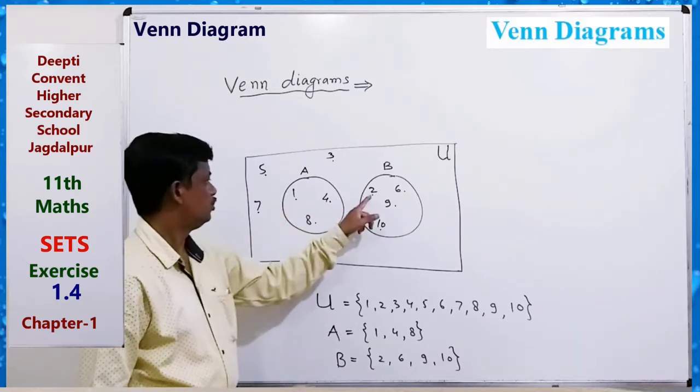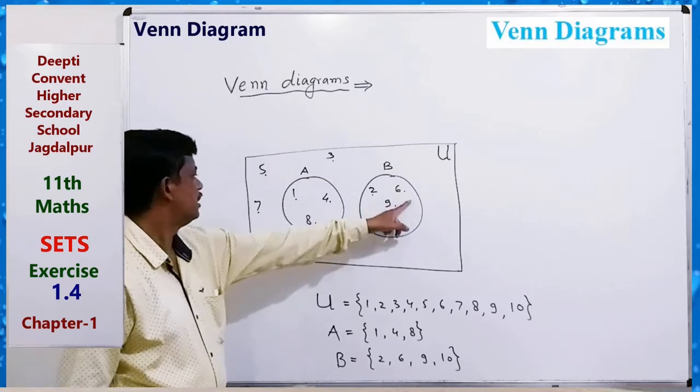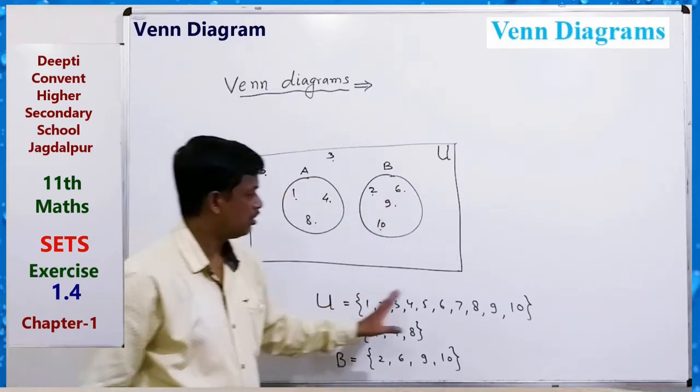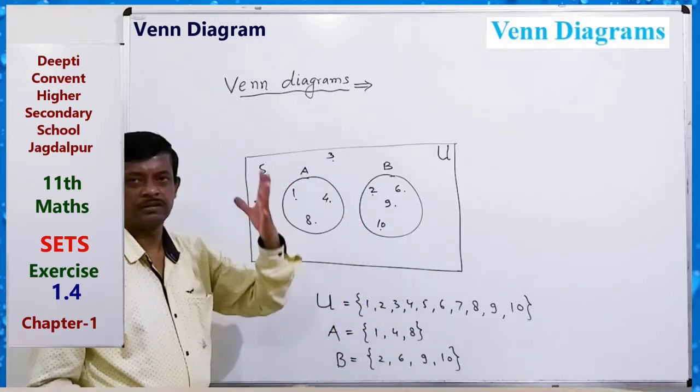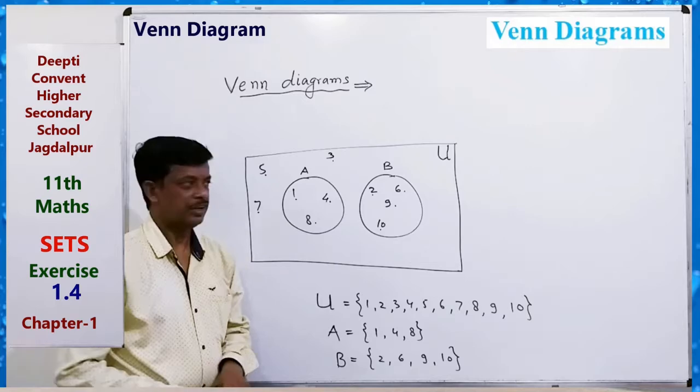So 1, 2, 3, 4, 5, 6, 7, 8, 9, 10. All the 10 elements are elements of U.